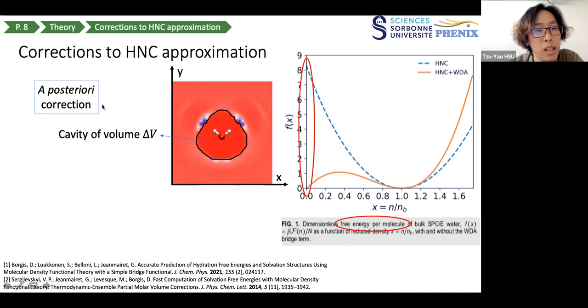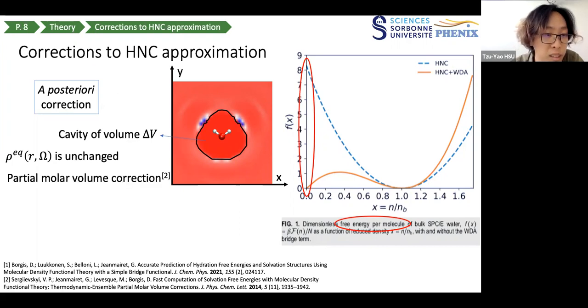However, this kind of approach won't modify the equilibrium solvent density, and we call this kind of strategy a posteriori correction. As an example, we take the partial molar volume correction proposed by Sergiievskyi et al.